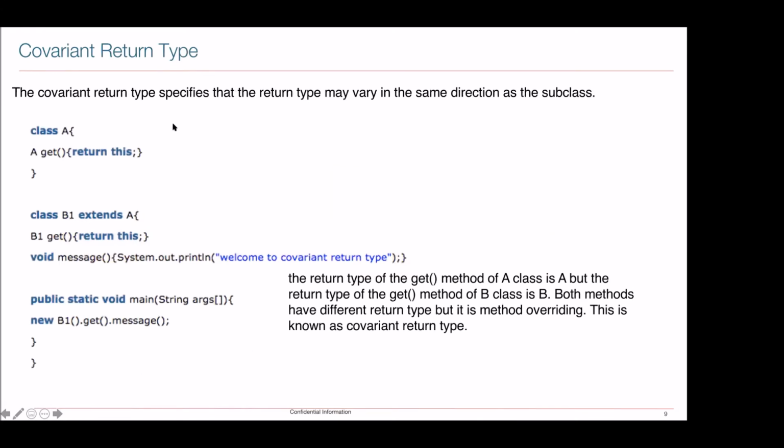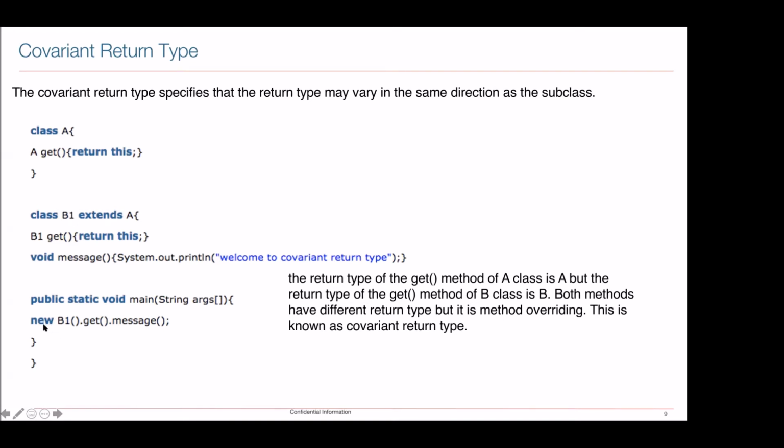Covariant return type is one thing where you want to specify that the return type may vary in the same direction as the subclass, which means class B is a subclass and class A is the parent class.